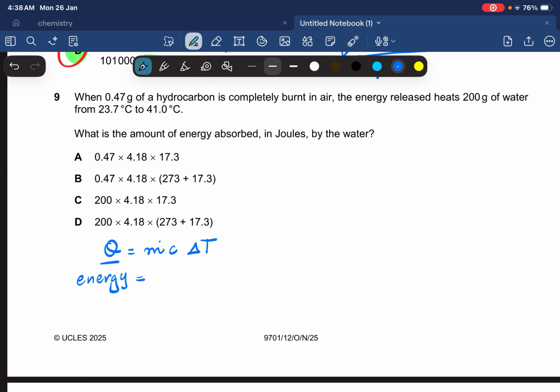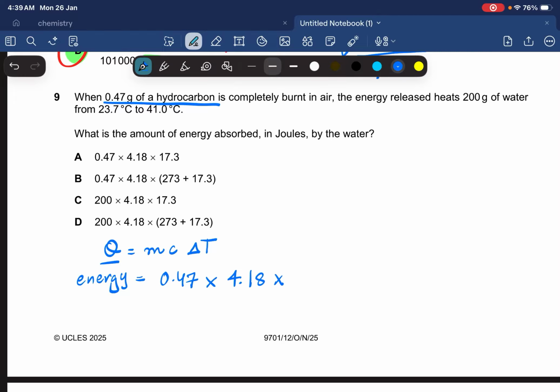M is the mass of the hydrocarbon that we're using, which is 0.47. C is the specific heat capacity of water, which is 4.18, times change in temperature.